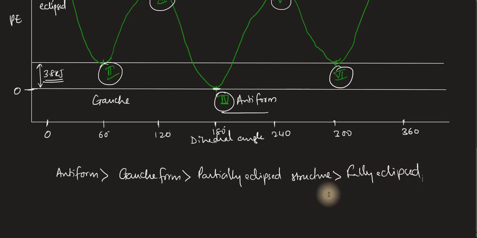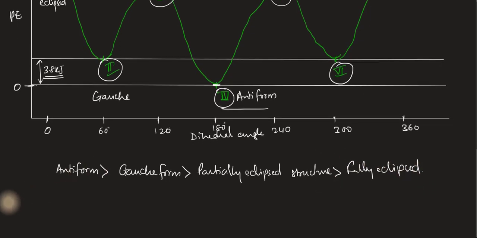Unless there is some extra interaction, some special interaction like intramolecular hydrogen bonding, or there is increased dipole-dipole interaction, the order of stability remains the same.